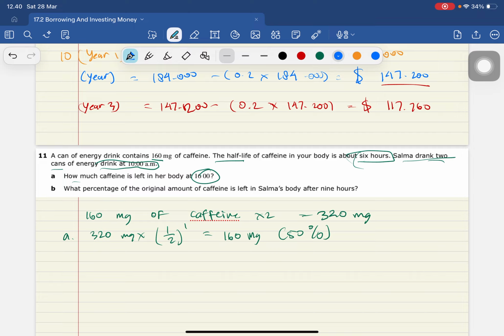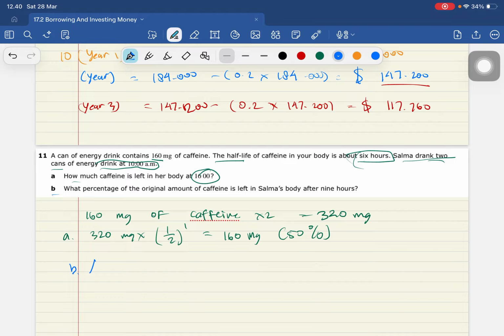Next, B: what percentage of the original amount of caffeine is left in Salma's body after 9 hours? So we need to find the remaining amount after 9 hours.